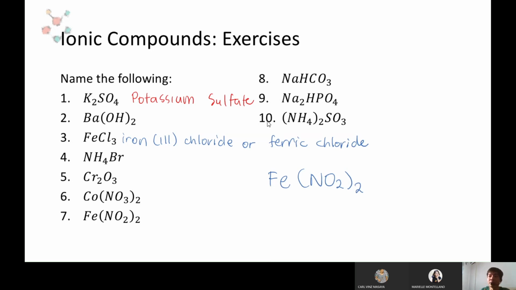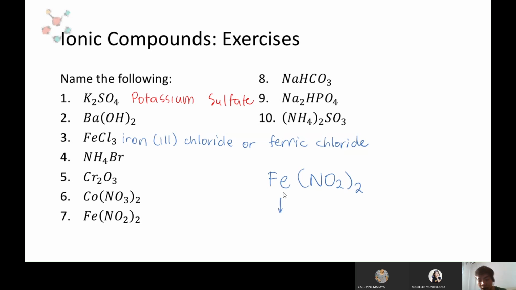Investigate tayo. Pag may nakita kayong parenthesis, meaning nun may polyatomic anion. Tingin muna tayo dito. Sa formula, sino yung metal? Fe. Diba? So, Fe, metal yan. So, siya yung ating cation.